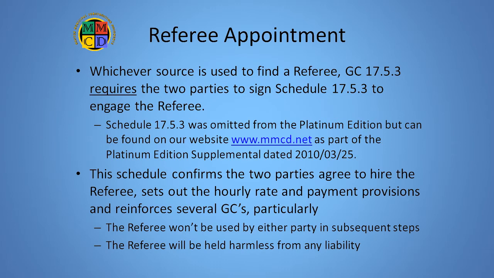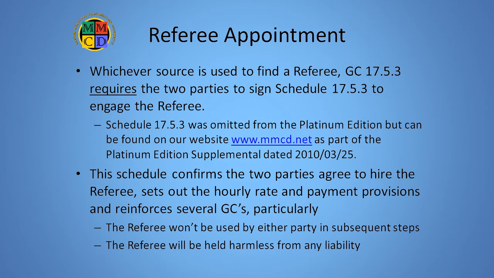Platinum users can download it from our website by looking under Platinum Document Supplementals for the one issued March 25th, 2010. Although this document is useful to formally appoint a referee with the acknowledged support of both parties, the most important reasons for requiring this form to be used are the limitations and protections it provides for the referee.